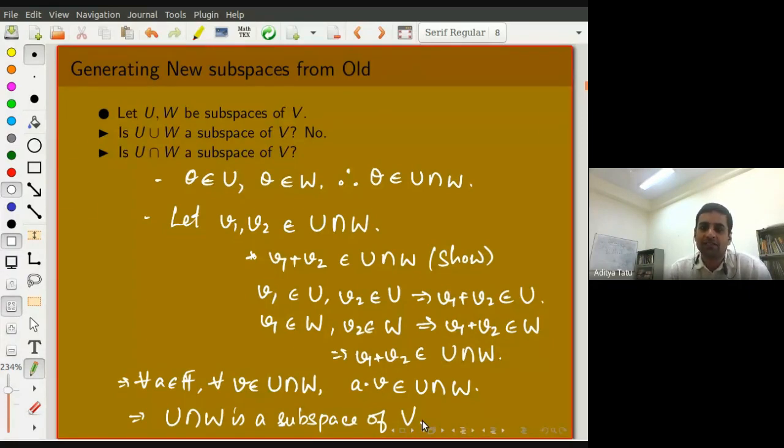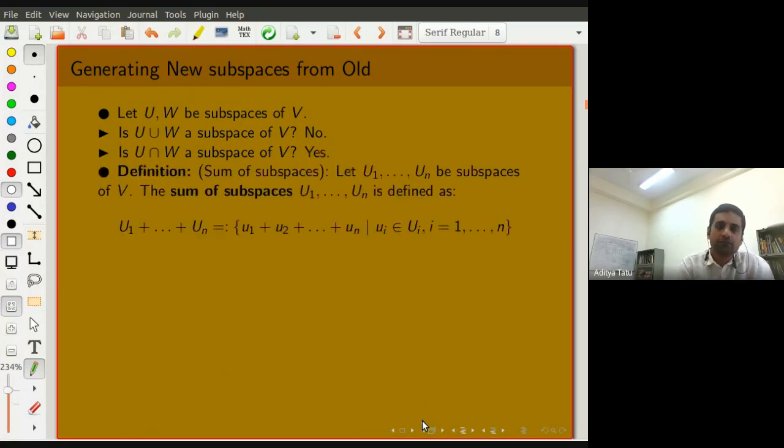It's just that in groups, the group operation was denoted by a dot, or we didn't even make a specific notation for it when we write HK. In this case, H and K are replaced by U and W. Okay, so that is what is called sum of subspaces.